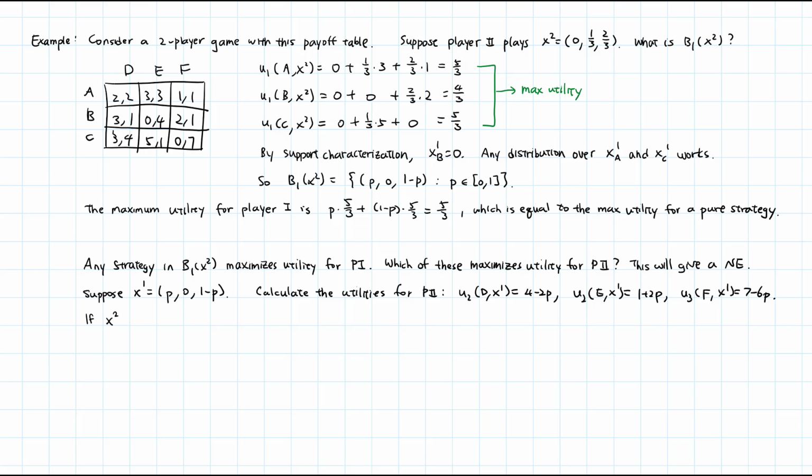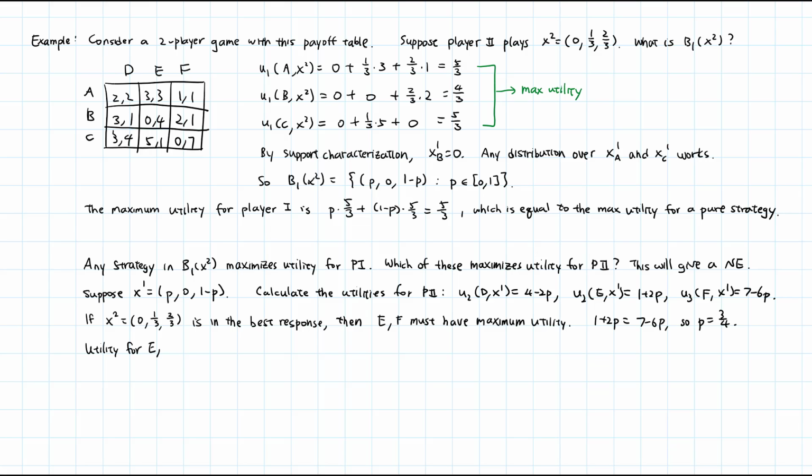So if x2, which is 0, 1/3, 2/3, is in the best response, then E and F must have maximum utility. In particular, they must have the same utility. So 1 plus 2p is equal to 7 minus 6p. So p is equal to 3/4. We can calculate the utility for E and F to be 5/2.